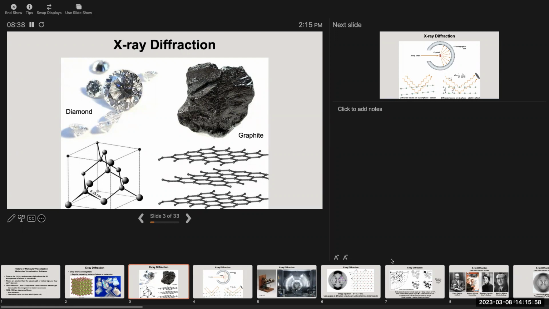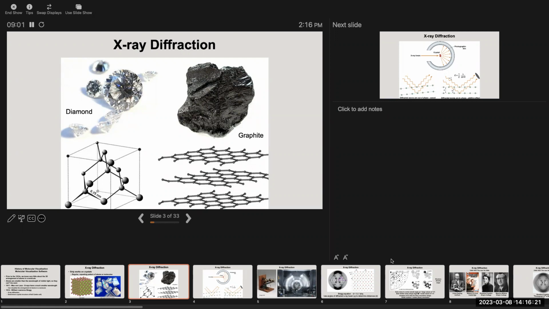And if you look down at the lower left, what you see is that in a diamond, you have this pattern of the carbon tetrahedra, where every carbon is bonded to 4 other carbons in 3-dimensional space. And those covalent bonds between the atoms are very, very strong, which is why diamond is the hardest naturally occurring substance, the hardest substance known to man.